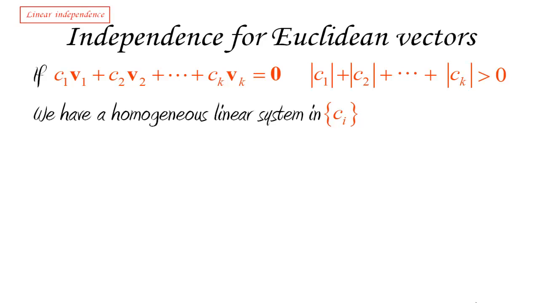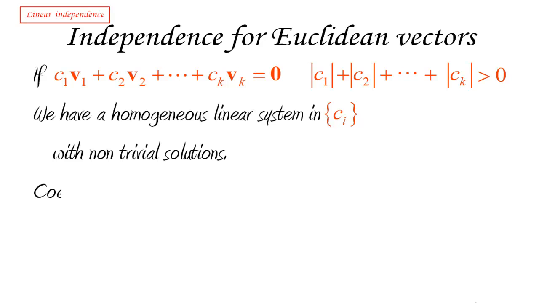The fact that we start by assuming the vectors are dependent, so that there are coefficients c1, c2, ..., ck that make that equation true, means that this homogeneous system has a non-trivial solution. In fact, it will probably have infinitely many, as we know from linear systems.